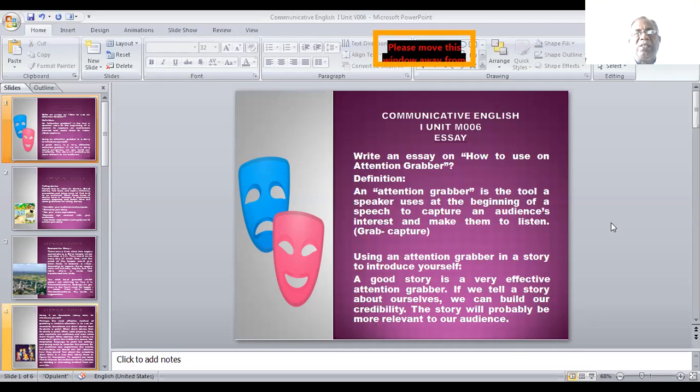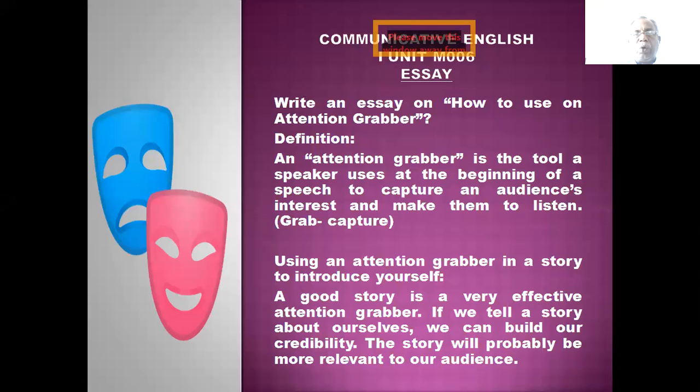We will start with the first unit, essay. So Communicative English, first unit, module 6: write an essay on how to use an attention grabber. They are asking you to write an essay about an attention grabber.